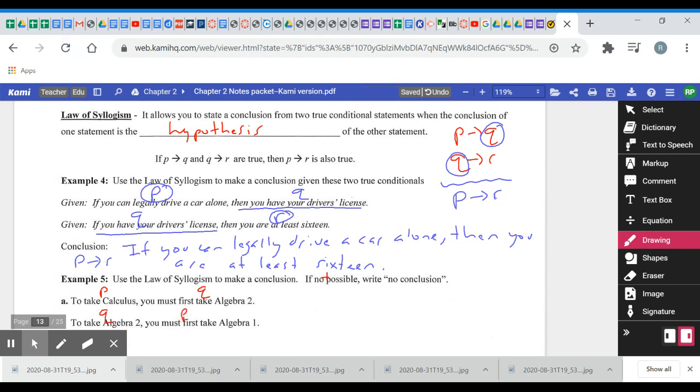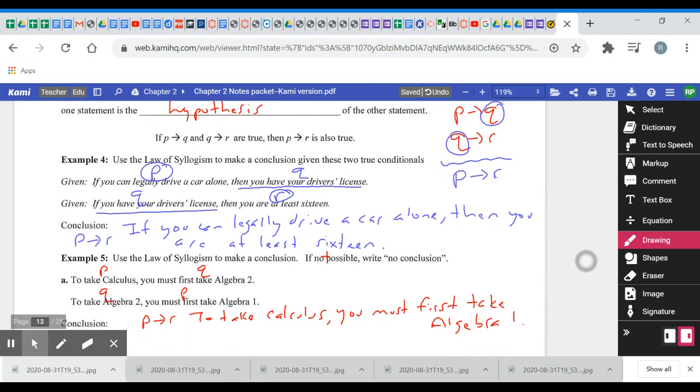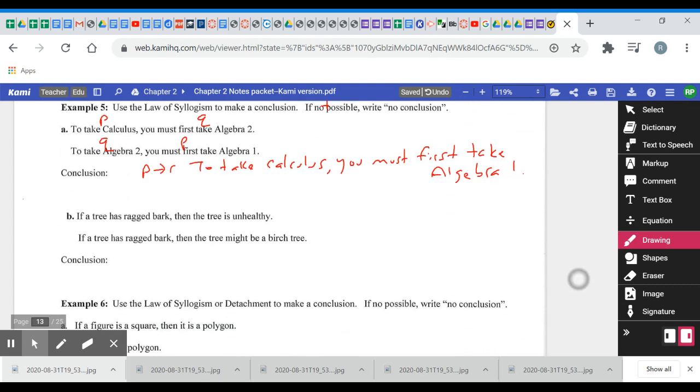So therefore, our conclusion that we can make is going to be if P, then R. We're going to say to take calculus, you must first take algebra 1. Okay, so hopefully you're starting to see the pattern a little bit here, that it's really just kind of like a formula that we're trying to follow.